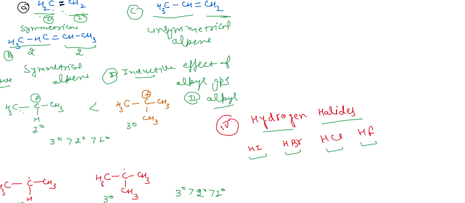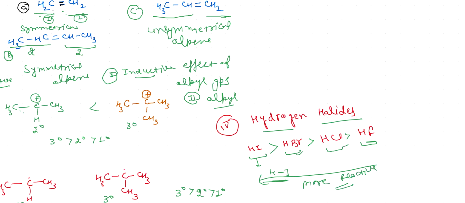Because the bond between H and I is weaker, HI can undergo reactions more easily than HBr, then HCl and HF. So in other words, HI is more reactive as compared to HBr, HCl and HF.